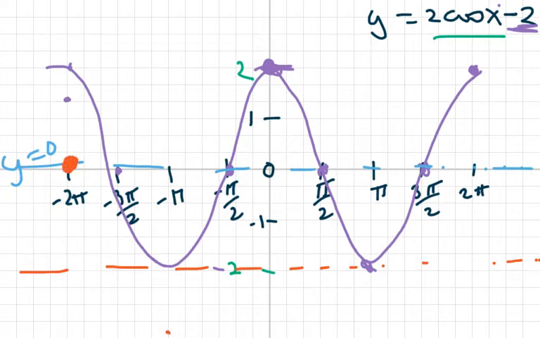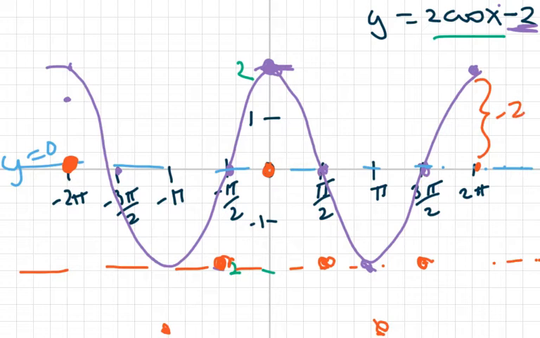This one, let's just pretend this is 2 down here. All right, we're going to shift this down by 2 here. This is 2. Shift down by 2. Down by 2 here. Back to 2 and 2. You're just shifting everything down by 2.